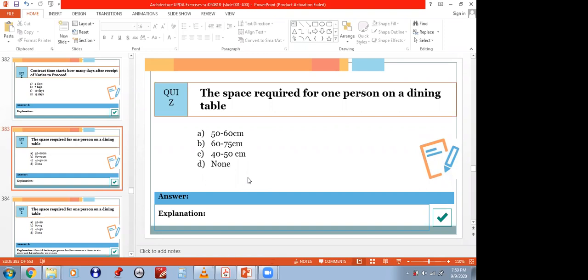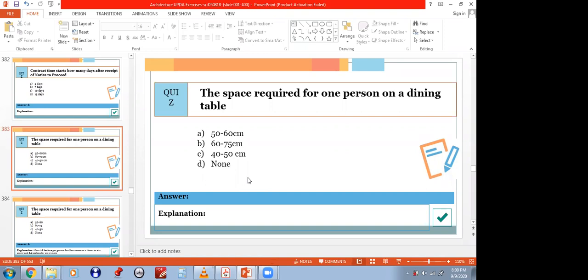Actually, ma'am, what I know from anthropometrics is that when you lift your one arm, that must be the space from another chair. So if it is round, and there are 6 people at 60 each, the diameter is 360 cm, 3.6 meters.